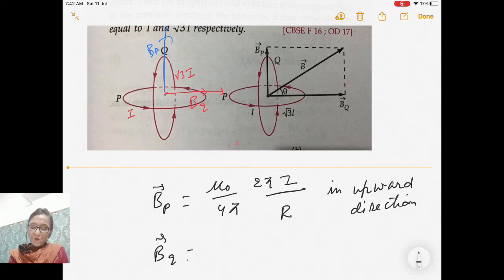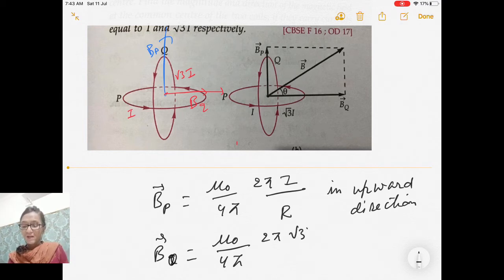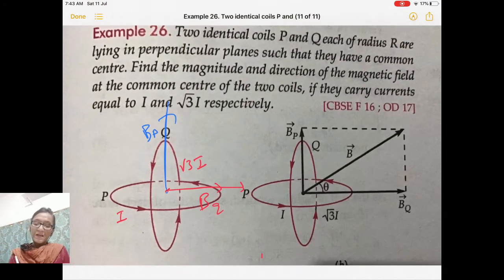Now B due to Q, it is also a circular loop, so magnetic field will be magnetic constant mu naught upon 4 pi, and total angle it is making 2 pi, so I am writing 2 pi, and I is actually root 3 I upon R, and radius is same. And this is along, okay, let me take axis.